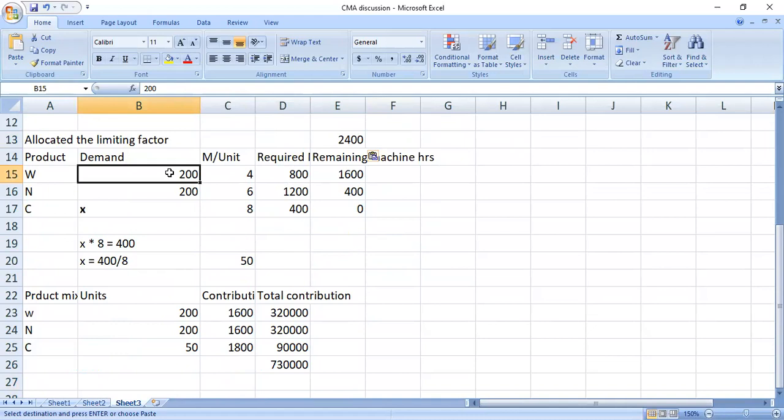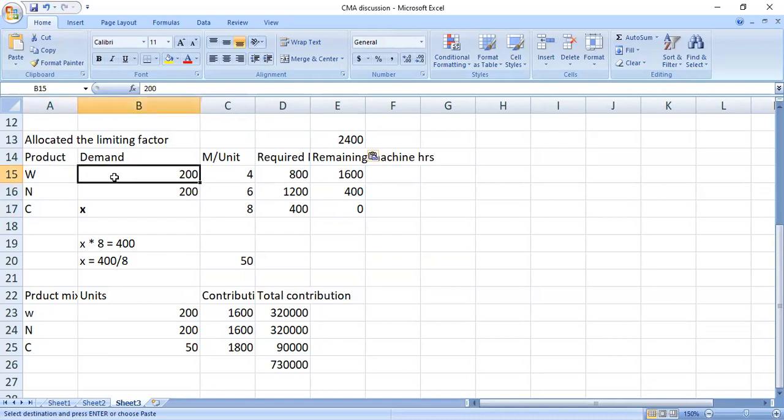So we begin with the big one, so that as the limiting factor keeps reducing, if a time comes that we don't have anything left, you're not producing a low-profit product. I hope I'm not confusing anyone.